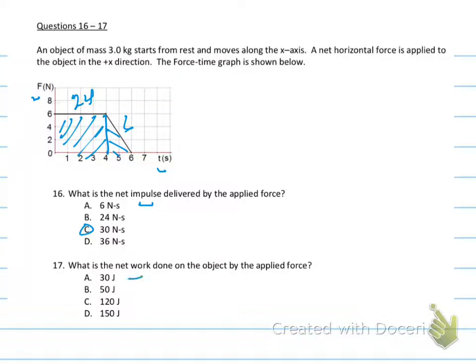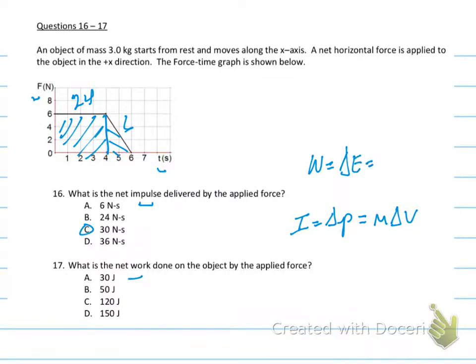What's the net work done on the object by the applied force? All right, so we know that impulse equals a change in momentum, which equals mass times a change in velocity. We know that work is equal to a change of energy.